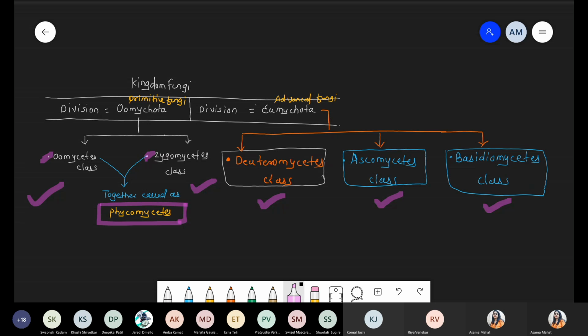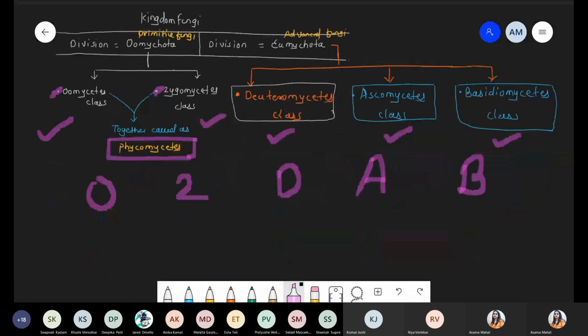You can easily distinguish the structures, or the points which make the difference between these total 5 classes. So always remember, we always start from the Oomycetes, then we go for the Zygomycetes, then Deuteromycetes, then Ascomycetes, and finally Basidiomycetes. Okay, we are going from left to right.